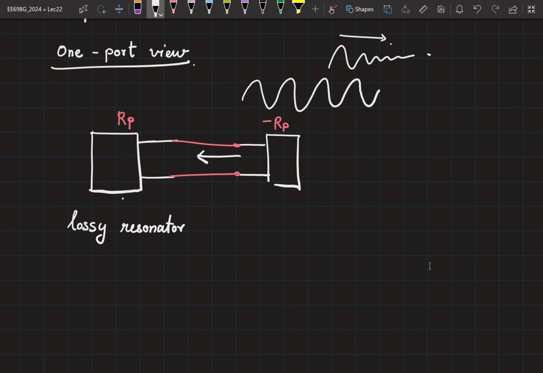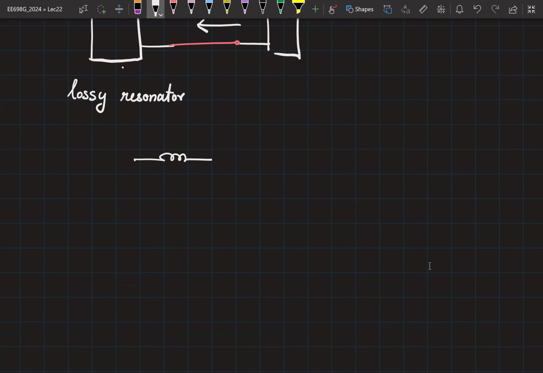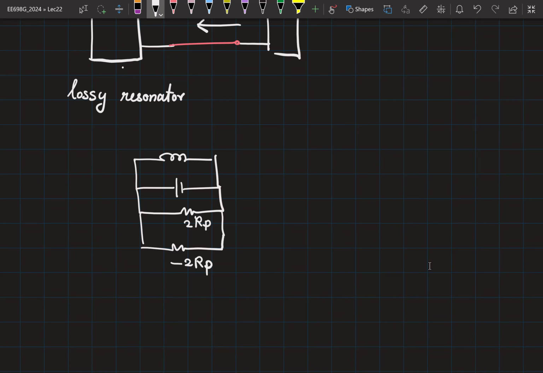And we saw examples of this in some of the problems that we solved, especially the last problem we solved where we had the inductor, capacitance, and some resistance, right? And the cross-coupled transistor pair was offering the equivalent negative resistance. This was some 2 Rp, and you got minus 2 Rp from the cross-coupled negative resistance.